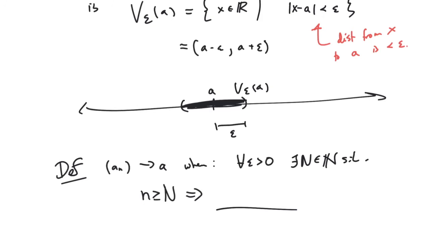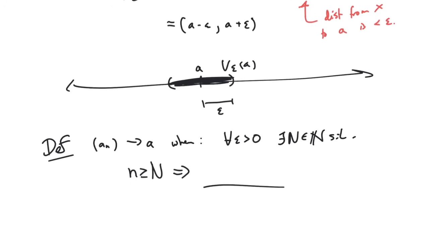The version that we had last time said, what did it say? The absolute value of a_n minus A less than epsilon, right?